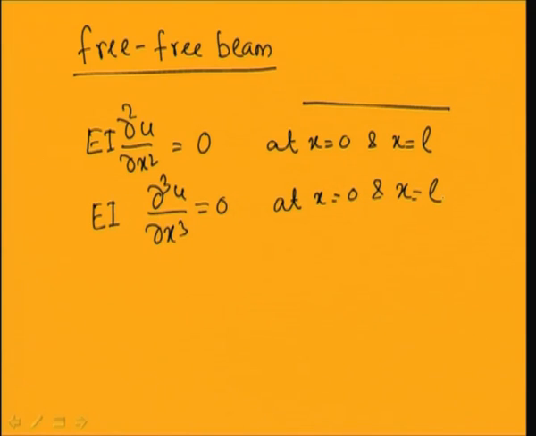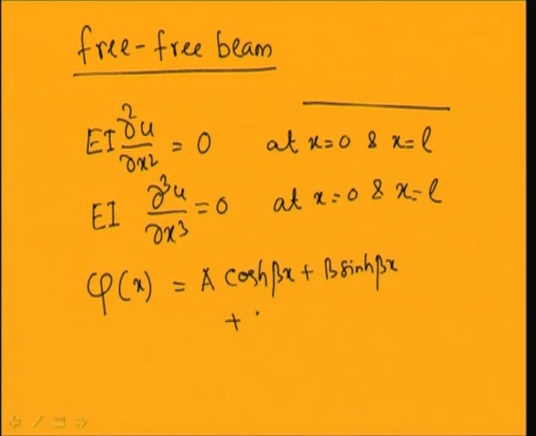So, you can substitute these boundary conditions in the original expression for psi x, which is equal to a cos hyperbolic beta x plus b sin hyperbolic beta x plus c cos beta x plus d sin beta x. By substituting, you can find the expression.